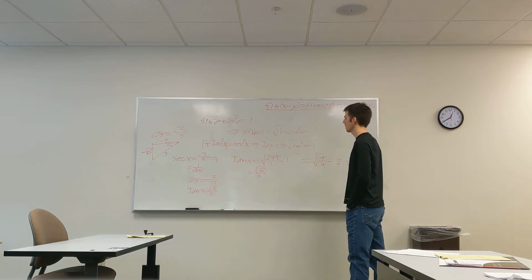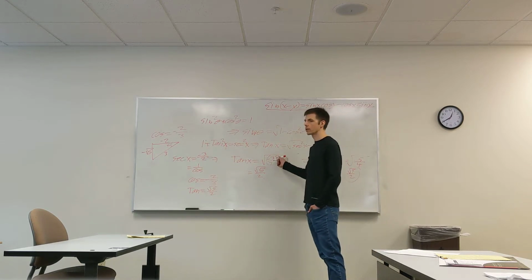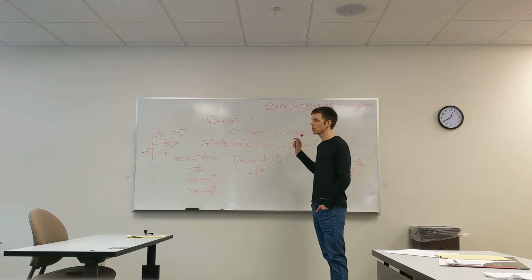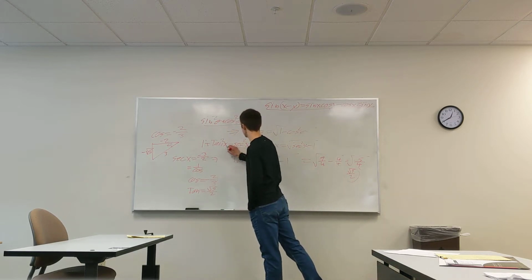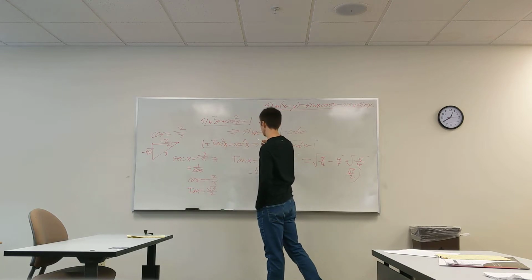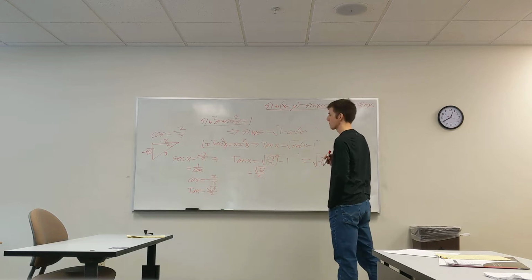But here, I can actually just use the trig identities to find out not what x is, but what the other trig functions are, using this one and the other one that I gave, right?